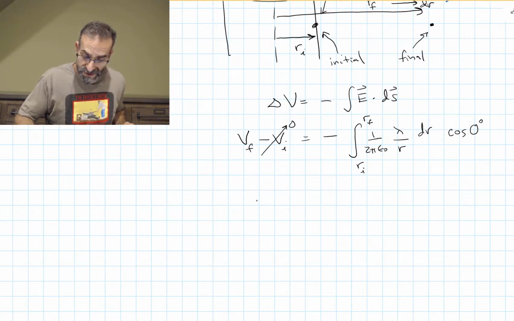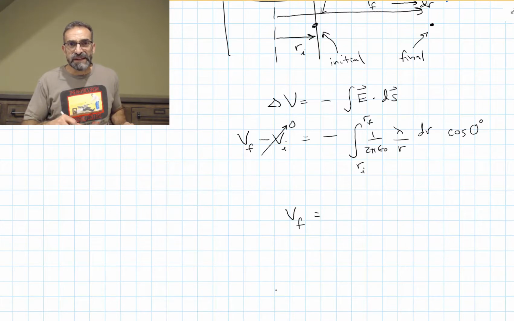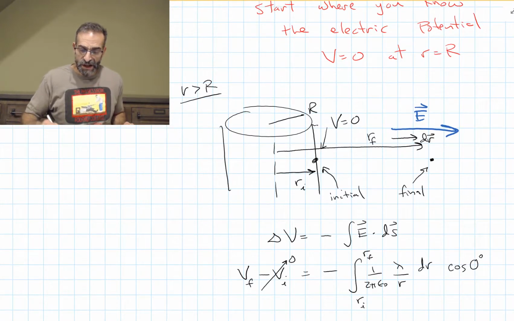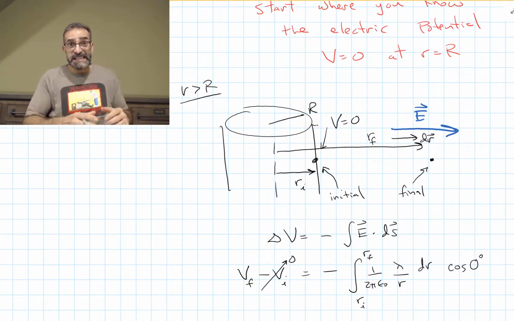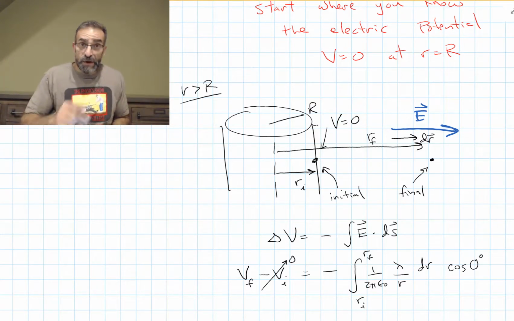So on the left side of our equation, we're going to have a V final. And what does V final have to be? Positive or negative? Let's take a look at our situation. Because this is a positively charged cylinder, our electric field points outward. We're moving outward.